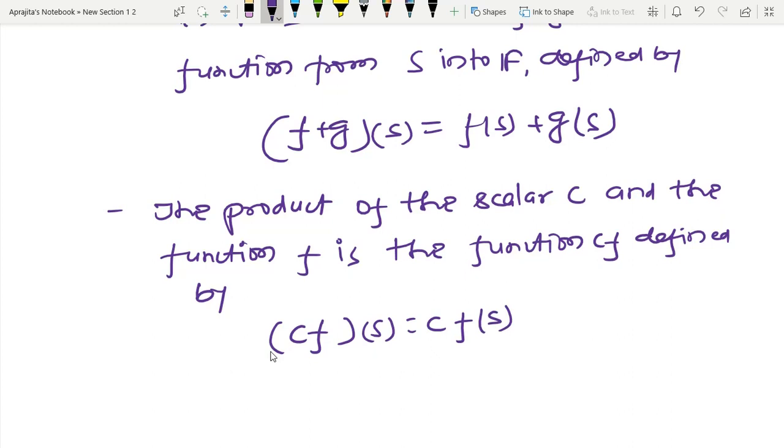So in this way we are defining the vector addition and scalar multiplication.